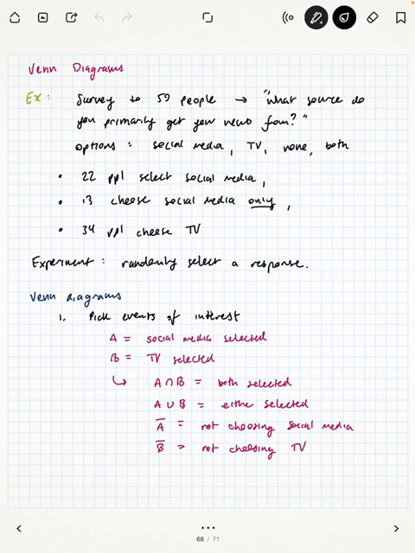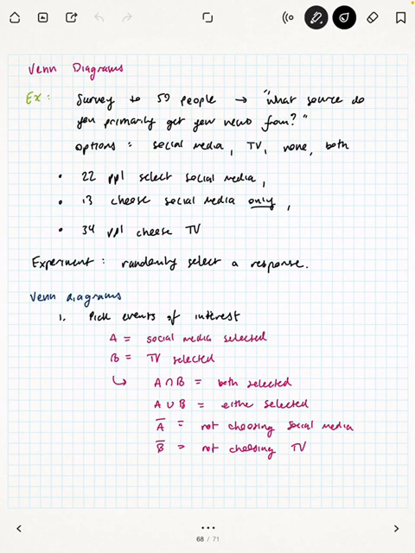So first of all, how do we design a Venn diagram? You've probably used them before in the past, but the way we're going to be using them here is a little bit more precise. First, we pick our events of interest. I've selected A and B, where A is the event in which the randomly selected person has chosen social media, and B is the one in which they choose TV.